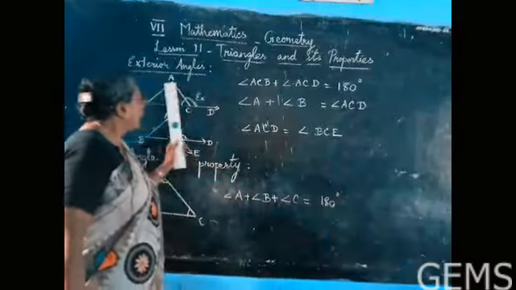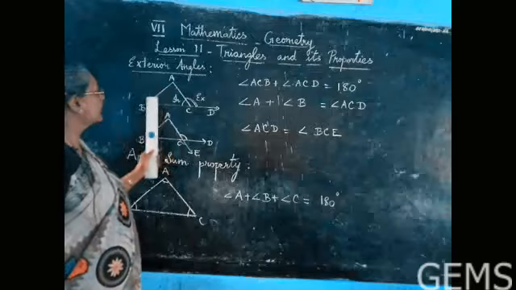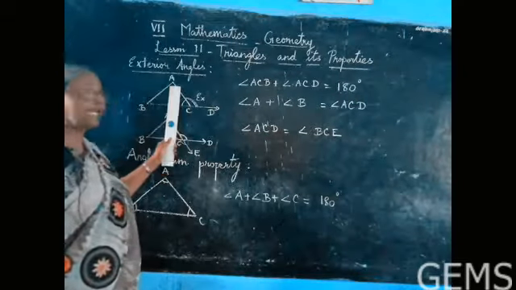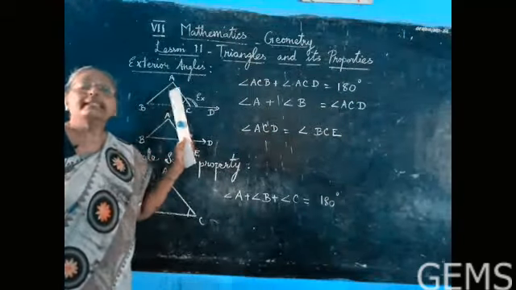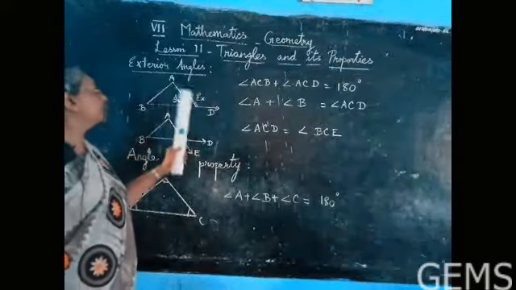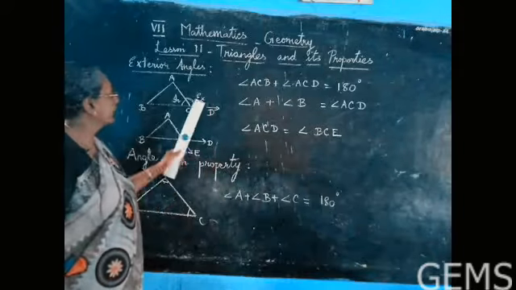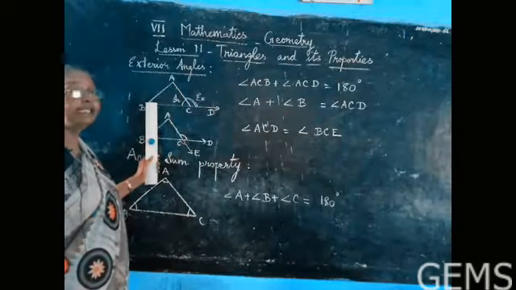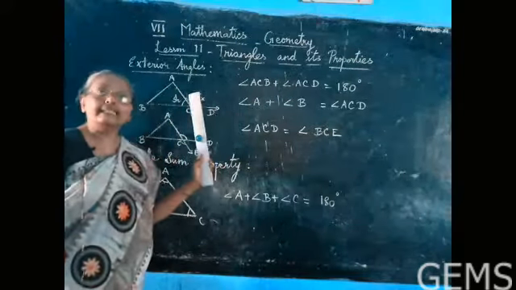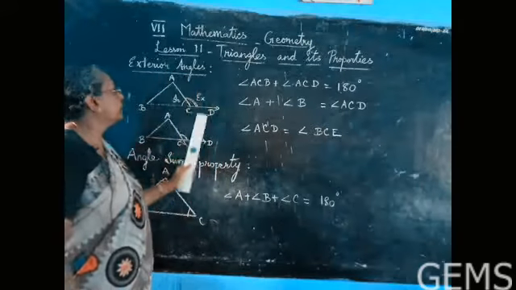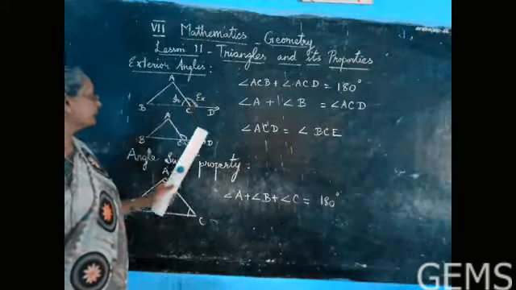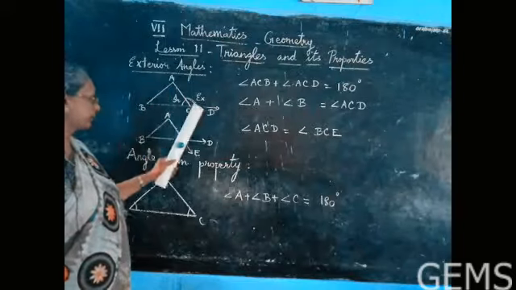And along with this, we have the other two interior angles, angle A and angle B. The angles A and B are called the opposite interior angles for angle ACD. In that case, what will be their relationship?